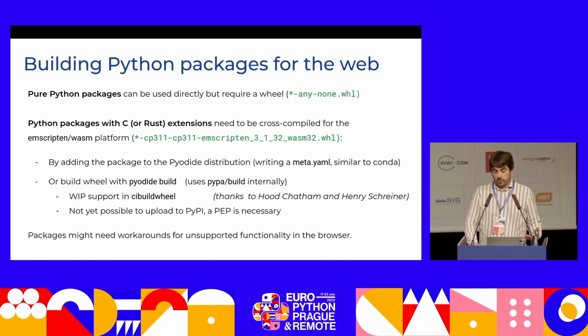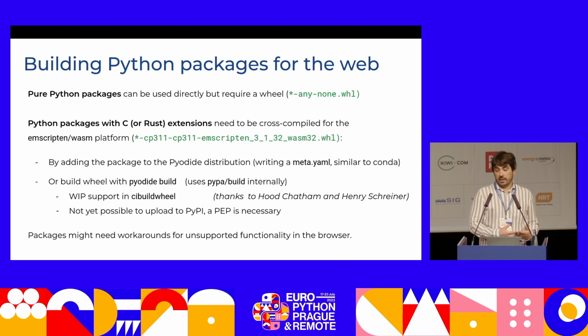It allows you to build wheels for this platform. Hopefully, very soon we'll be able to do this with cibuildwheel, which is a CI project that allows you to build wheels for different platforms in CI. And while it's not yet possible to upload such wheels to PyPI, there is work in progress to make it happen.